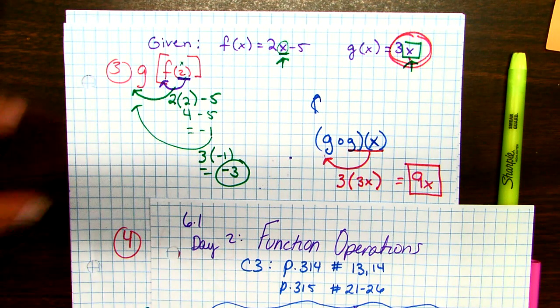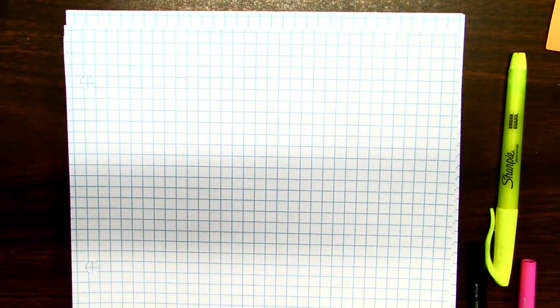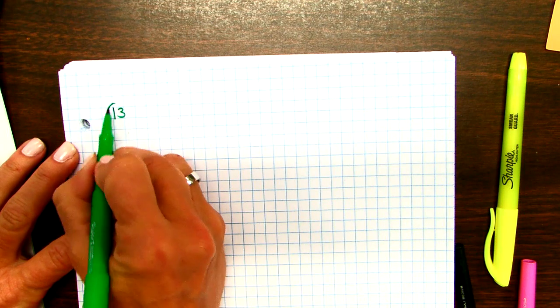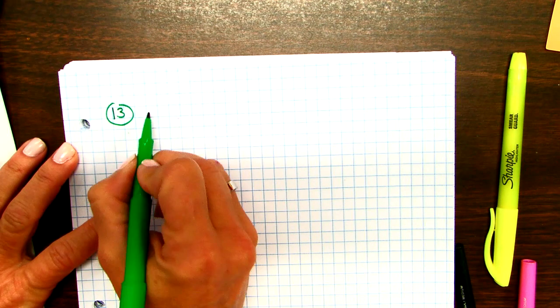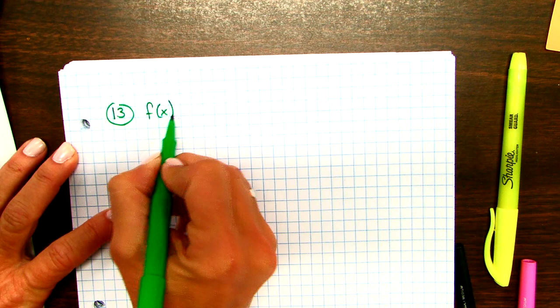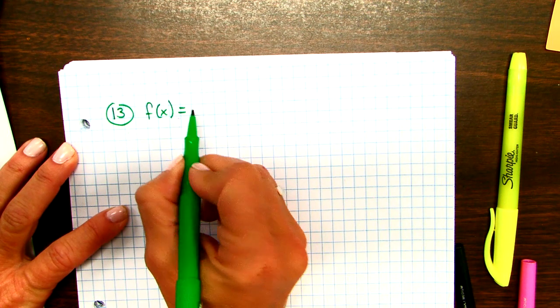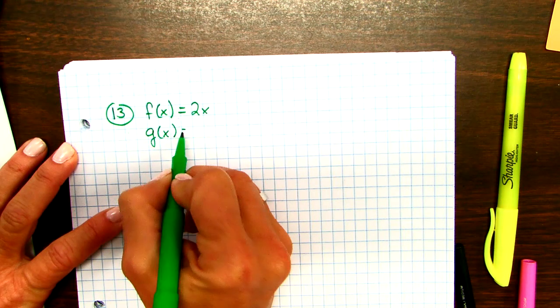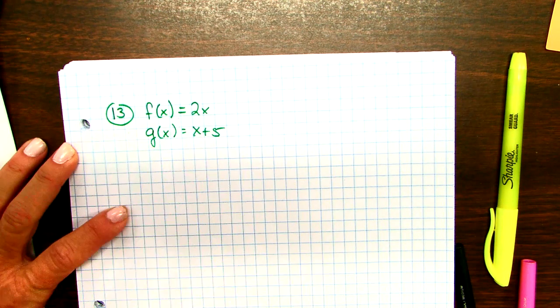Okay, so let me help you get started by doing number 13 with you. So you should all be looking at number 13. You don't have to write this down. I'm going to, though. So these are what's given.